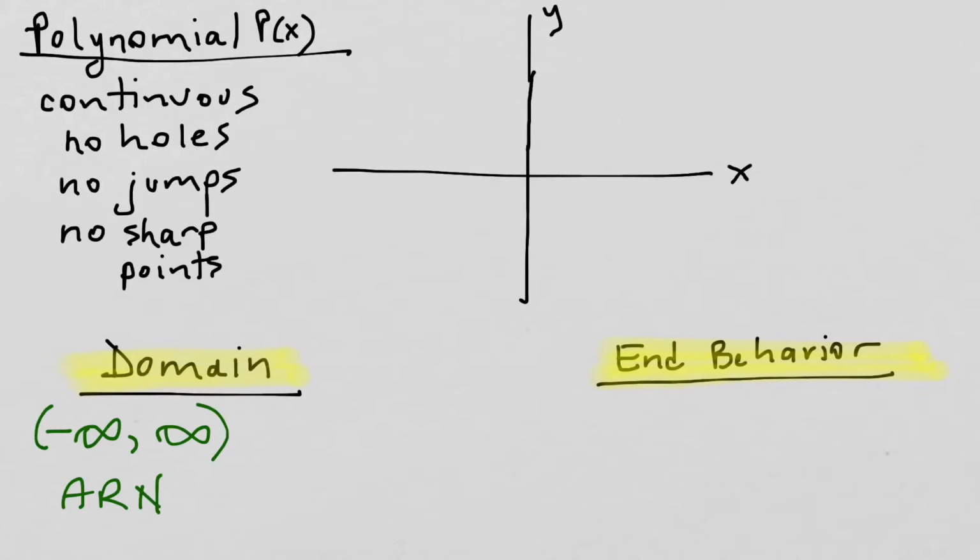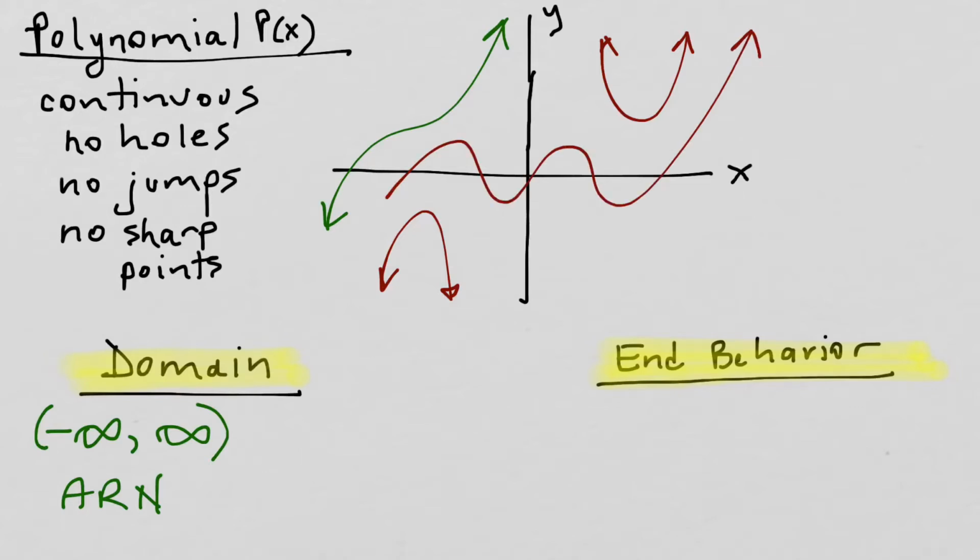Let's draw several different polynomial functions. We've got this one, possibly this one, maybe this one. These are all continuous with a domain from negative infinity to positive infinity. Maybe we could have this one. Those are all examples of polynomial functions.